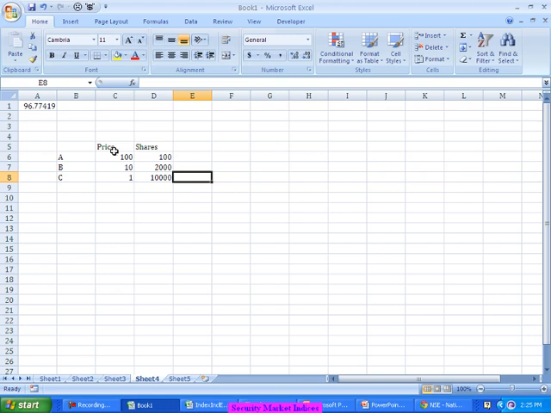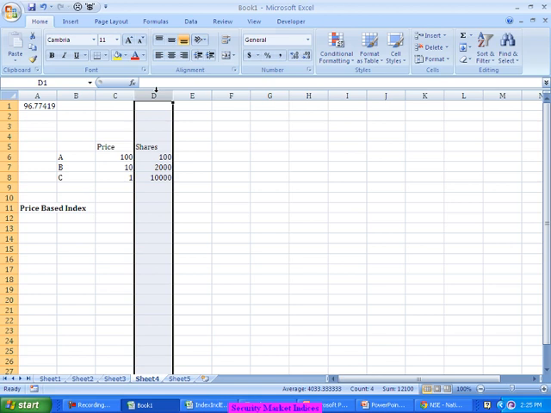Now there are three different mechanisms of computing the indexes. One we call a price based index, where the index is computed purely on the price, irrespective of the number of shares. They don't look at the number of shares.